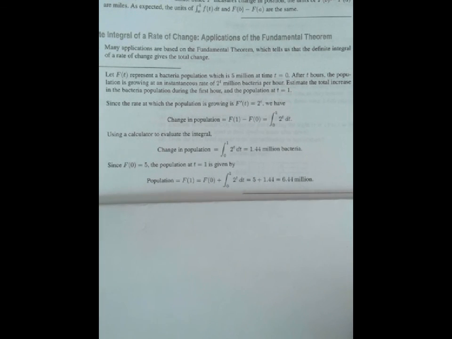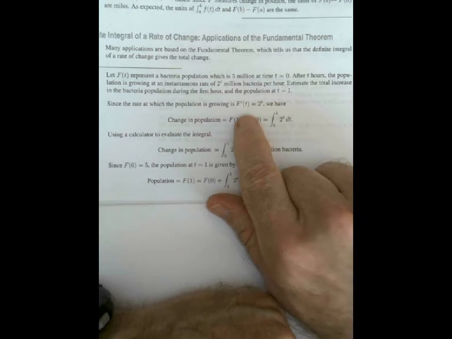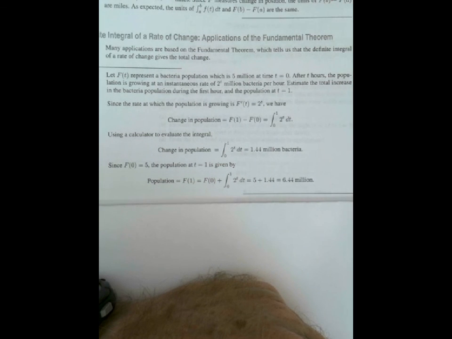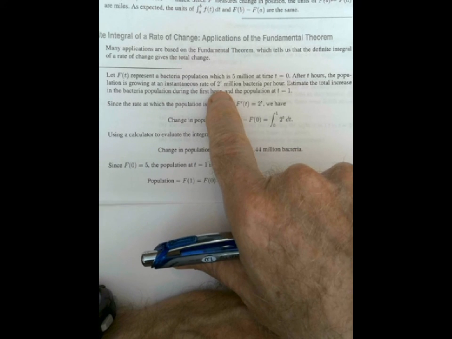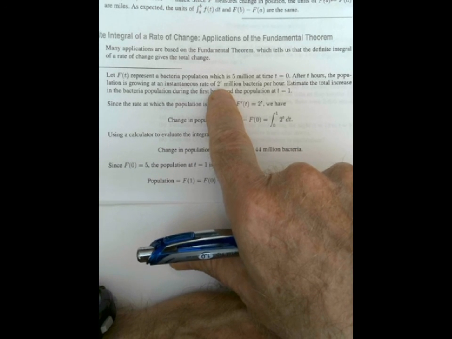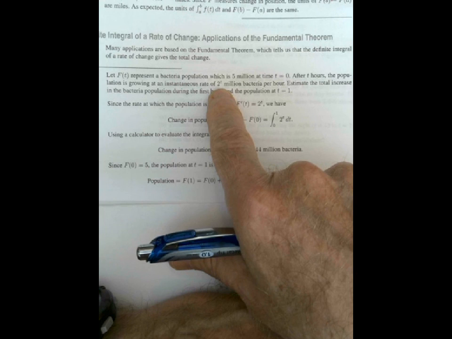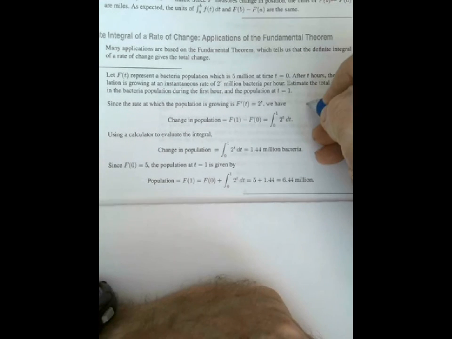Look at what we've got here. It says that it's growing at an instantaneous rate, so little f of t is equal to 2 to the t. And remember, little f of t is equal to f primed.